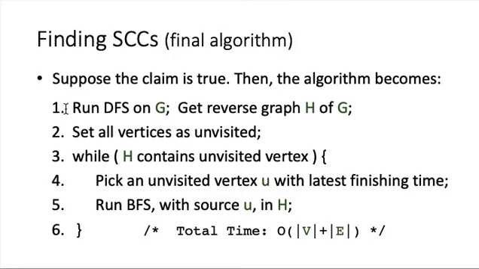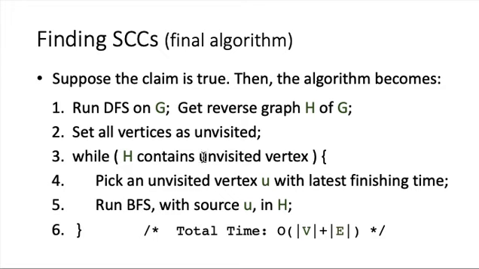Although we have run DFS, at this moment we reset the graph, because we are going to run on the reverse graph H. So we reset all the vertices as unvisited, but we record the DFS finishing time after we run it on G. So after line 1, we have the finishing time on all the vertices based on the DFS of G, but after line 2, all the vertices are refreshed, so they are unvisited.